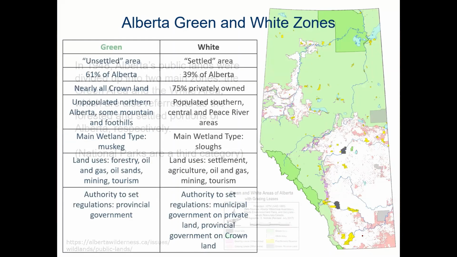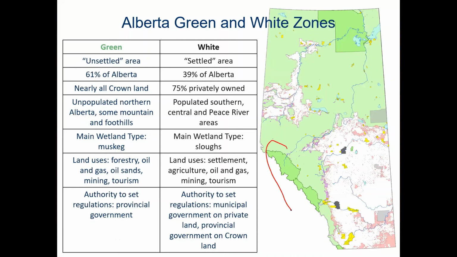I kind of have a little chart here I made, and there's different rules and legislations around the management. So you can see, if you look on the left there, the green zones are a big percentage of Alberta. And much of it is crown land, and much of it is boreal forest and muskeg. But there's still uses. We have forestry, oil companies, etc., that are using it, and much of the regulation for its use is coming from the provincial governments.